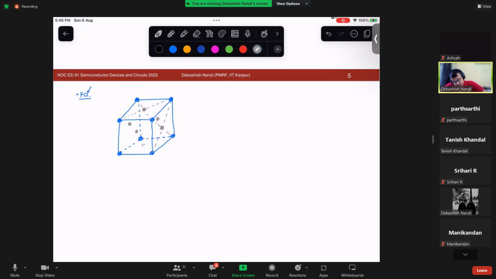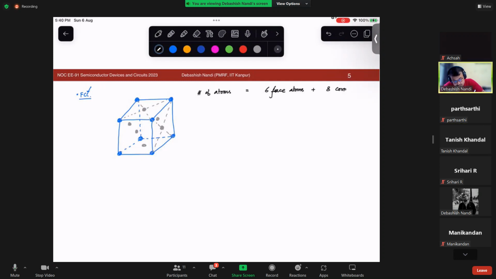If you take the diagonals and get the cross section at each point, you will have these 6 atoms. So how many atoms are there in a unit cell for FCC if we do not consider the share? 6 face-centered atoms plus 8 corner atoms.